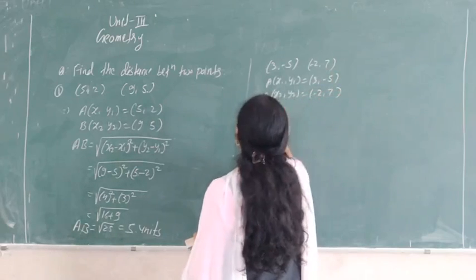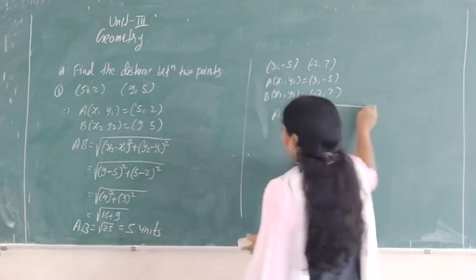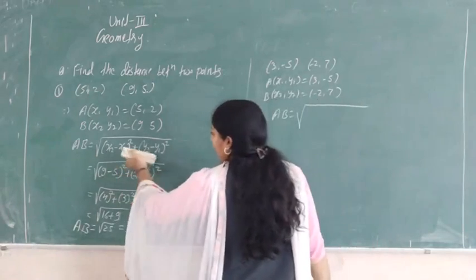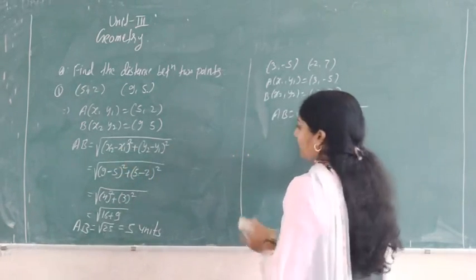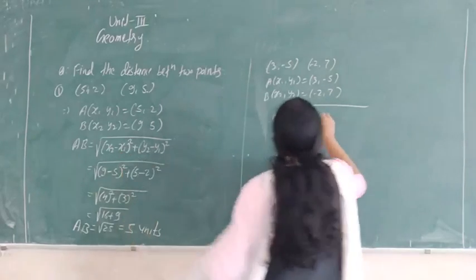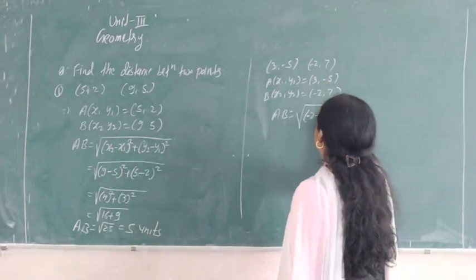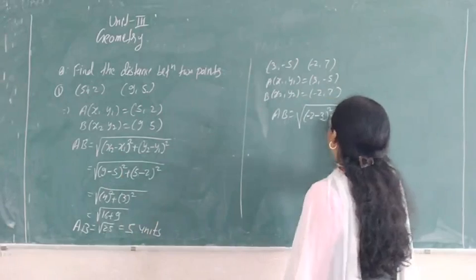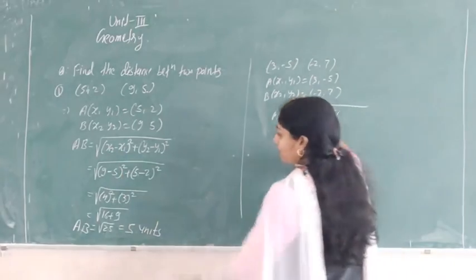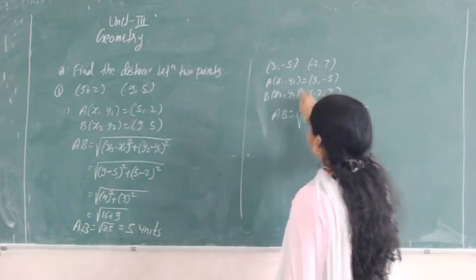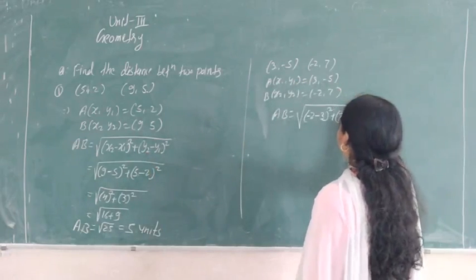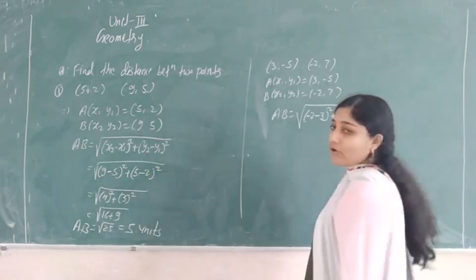Again write down the same formula: (x2 minus x1) whole square. What is x2? Minus 2. Next minus x1, which is 3. So (minus 2 minus 3) whole square plus (y2 minus y1). What is y2? 7 minus y1, which is minus 5. So minus into minus you will get plus 5, whole square.